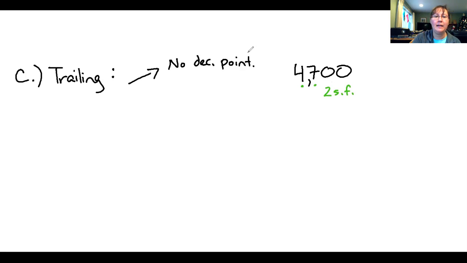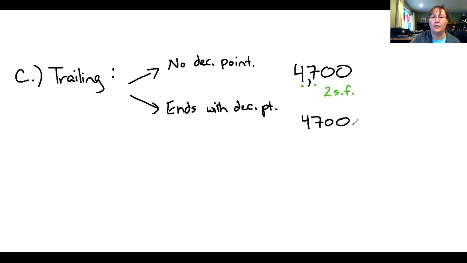Now let's say that we have a weird intermediate one where it ends with a decimal point. 4,700 point. You'd never see this in math, but it's okay here, okay? And in this case, all four will count because there's a decimal point.